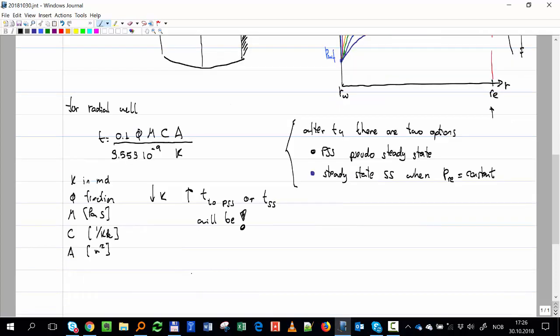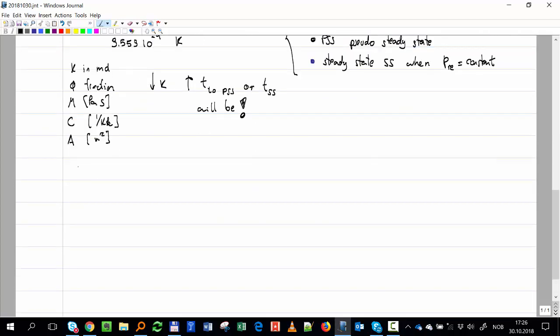So for example, if we try to put some numbers: porosity 0.3, and viscosity, which will be for a gas.